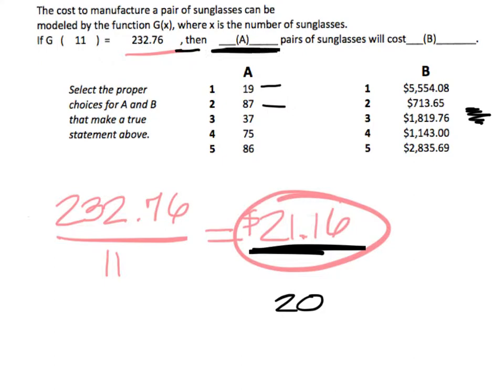Then a number of sunglasses, pairs of sunglasses will cost B. To find that cost, we would have to multiply by what kind of unit? You have X number of sunglasses, and to find out how much X number of sunglasses would cost to manufacture, then you would multiply by what number, which must have a certain unit to it.